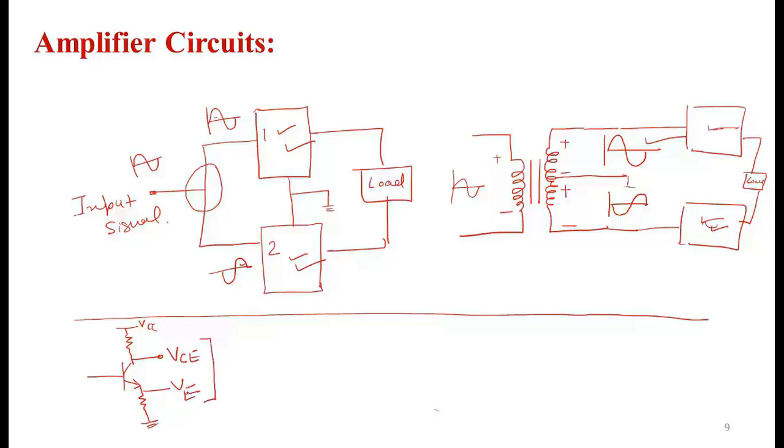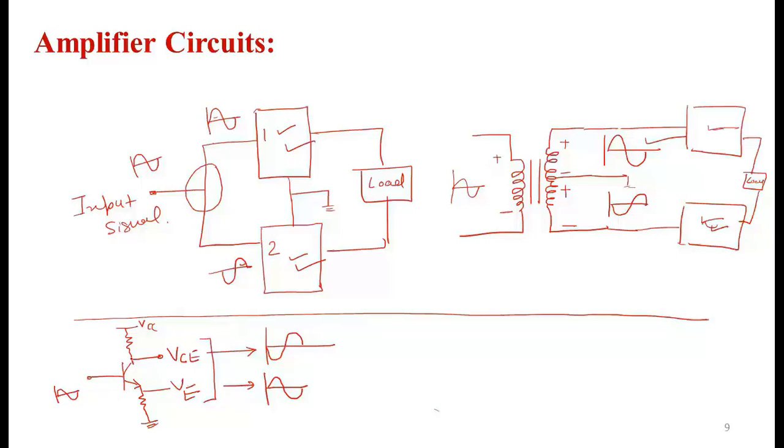If we apply the AC signal at this point, then this is the signal with reverse polarity, and this is the signal with the same polarity as the input signal. So by using a transistor amplifier having unity gain, we can have two signals.